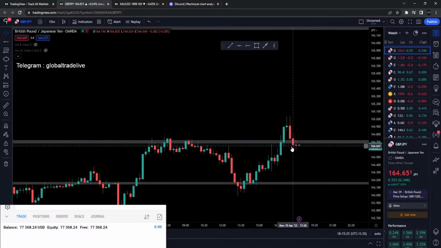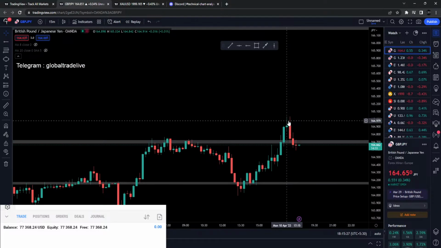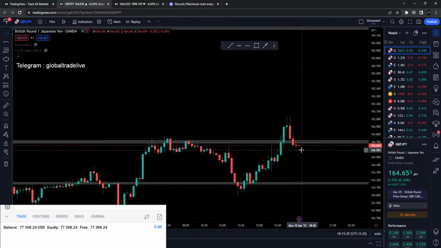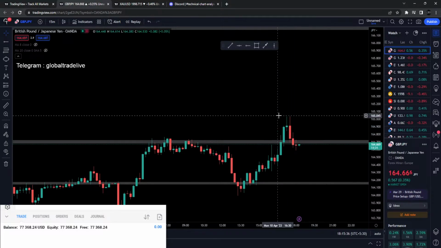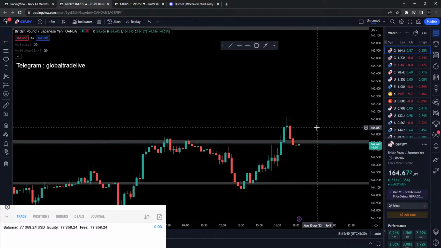Now the thing is, in GBP JPY, this going down can be a retracement as well, because it just went down continuously. So there is still a chance that we might get a support formation in GJ and it will move up from here.